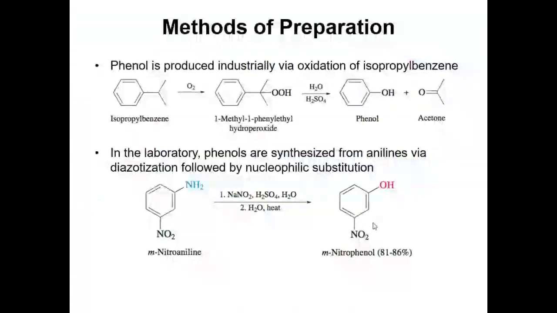Source of phenols. The one at the industry level is produced by oxidation of isopropylbenzene, and that reaction is a free radical reaction, because oxygen itself is a biradical, and if you take a hydrogen from this benzylic carbon, you generate a fairly stable benzylic radical, and then reacting with water in acid can give you both phenol and acetone.